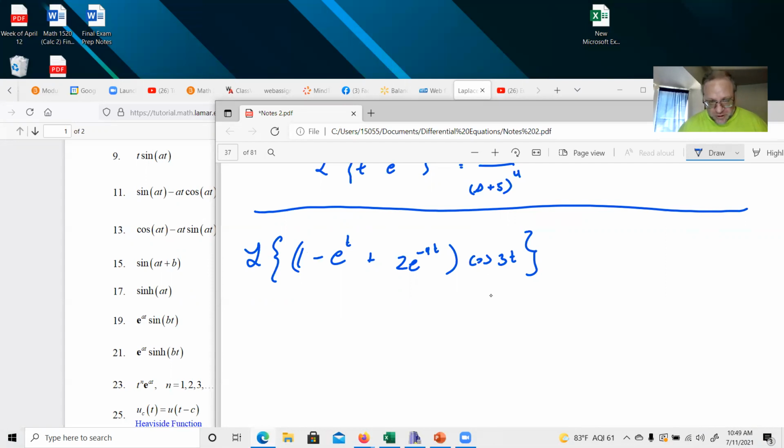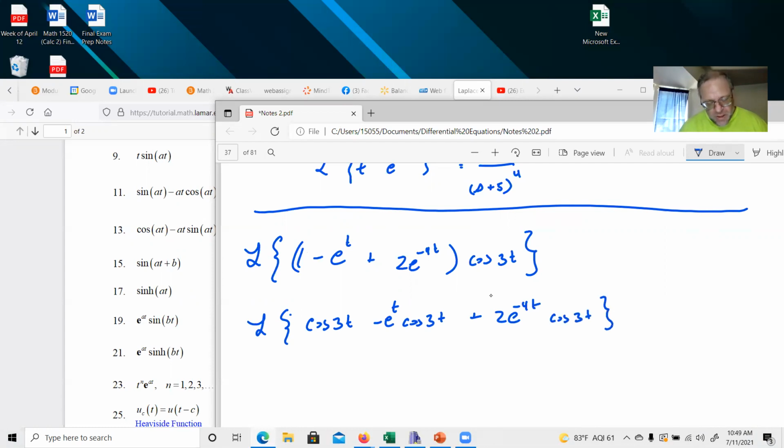So this is the Laplace transform of cosine 3t minus e to the t cosine 3t plus 2e to the negative 4t cosine 3t.